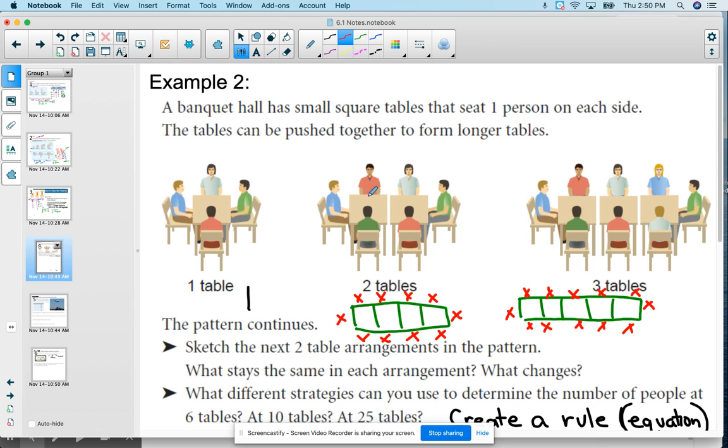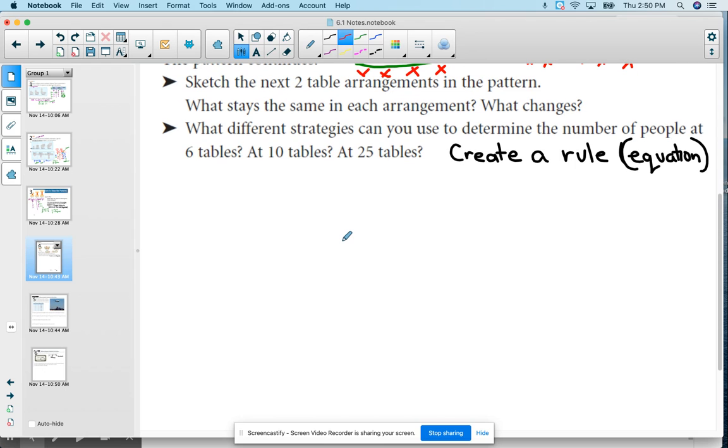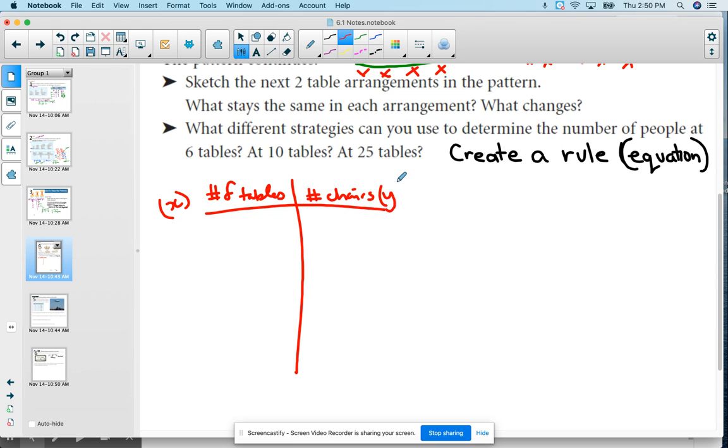So if we were to make a table for this, I'm going to look at number of tables, and number of chairs or number of people that could actually fit. This is going to be my x. This is going to be my y.